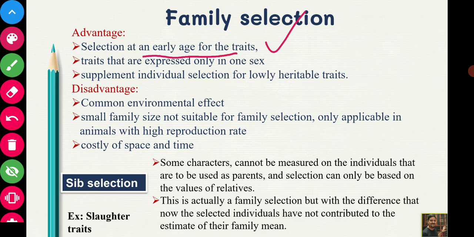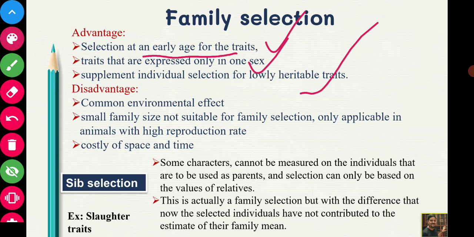So even a newborn baby will get selected if you are performing family selection. Then, traits that are expressed in only one sex. Third, it supplements individual selection for lowly heritable traits. You know the condition for family selection is that the heritability of the trait should be low. So when you have a low heritable trait, you may go for family selection.